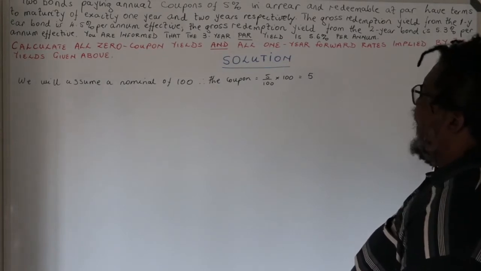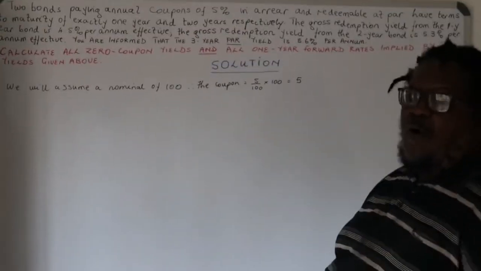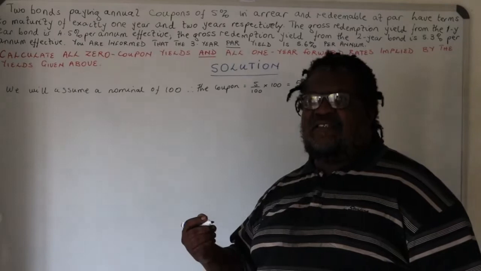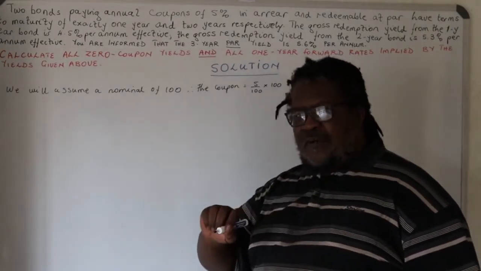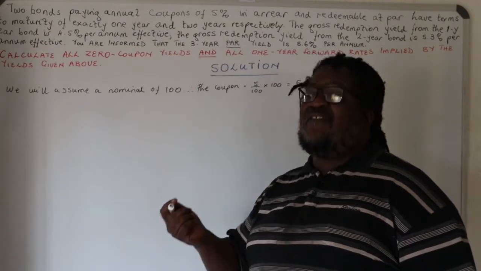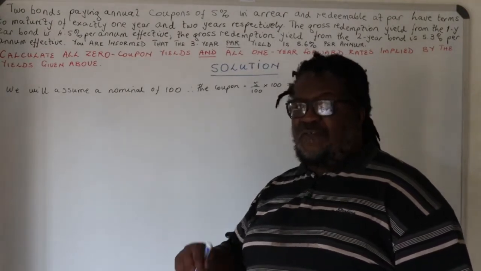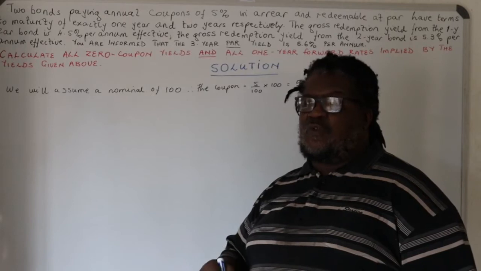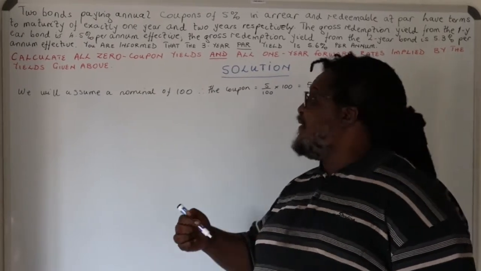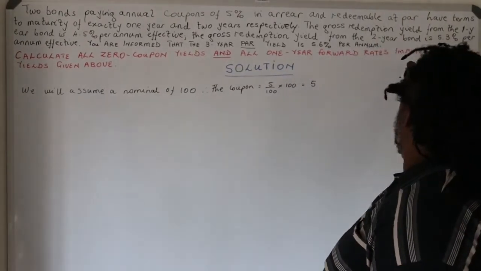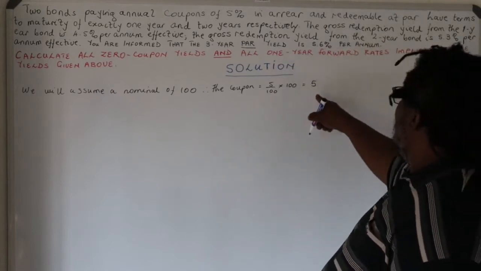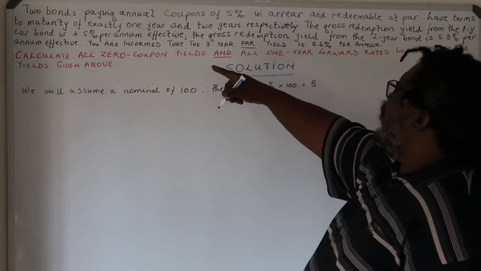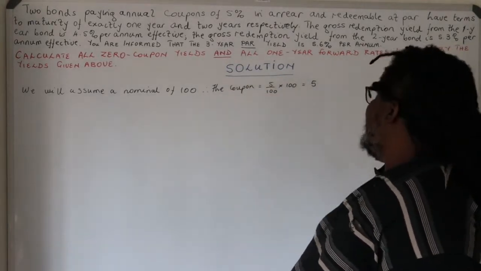Maturity is at the end of all the periods, and that is when you get the coupon paid as well as the original value of the bond paid back to you, which is why they call it redeemable at par. So you get the coupon of 5 and also the nominal of 100.